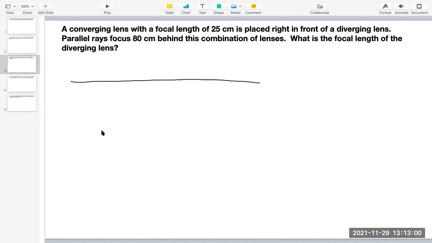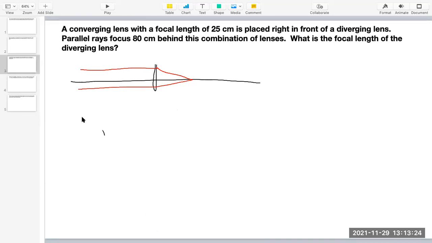So if we have our converging lens, then our incoming rays are going to focus 25 centimeters behind it.